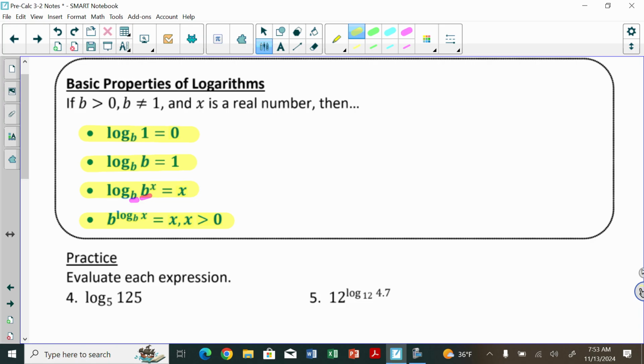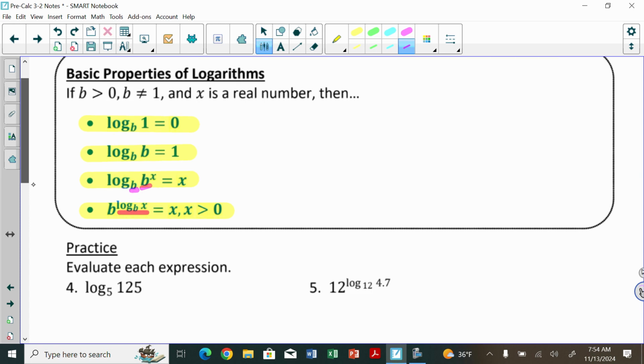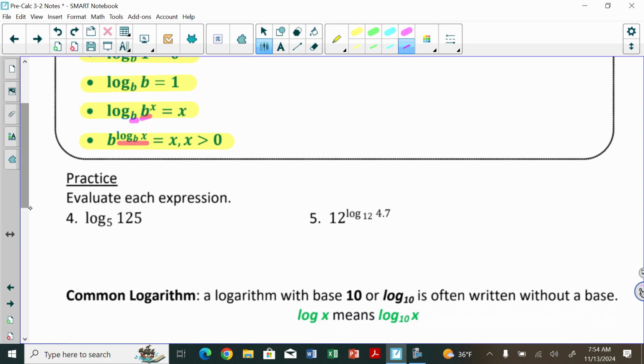So if you have it to a power here, then that's going to equal x as well. These last two are pretty similar in how they're written, but one is just the power, and one is multiplied by the base b. All right, so let's evaluate these and take a look at what we can do.